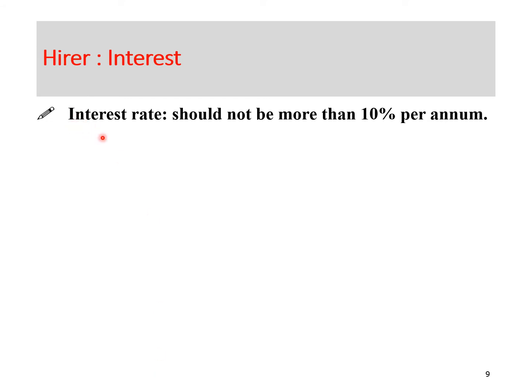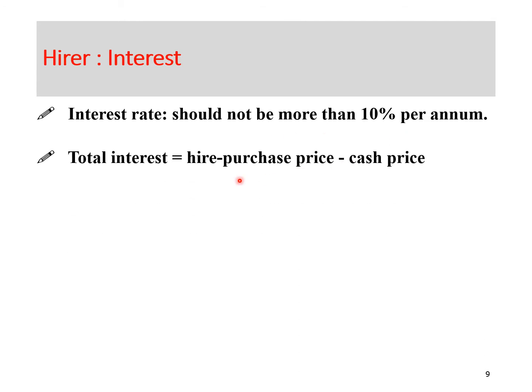The interest rate for a hire purchase agreement is normally not more than 10% each year. In order to get the total interest, once you identify the hire purchase price, you take the hire purchase price minus the cash price, and you get the total interest.